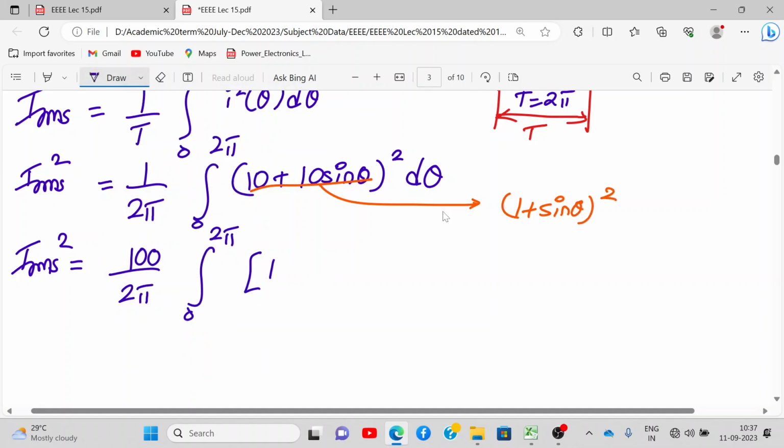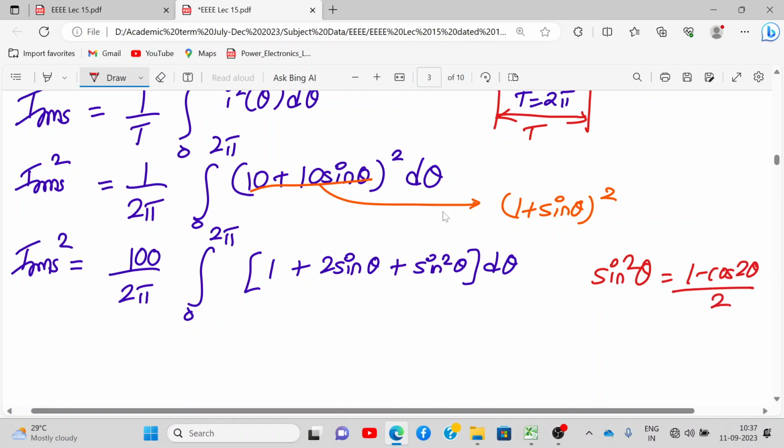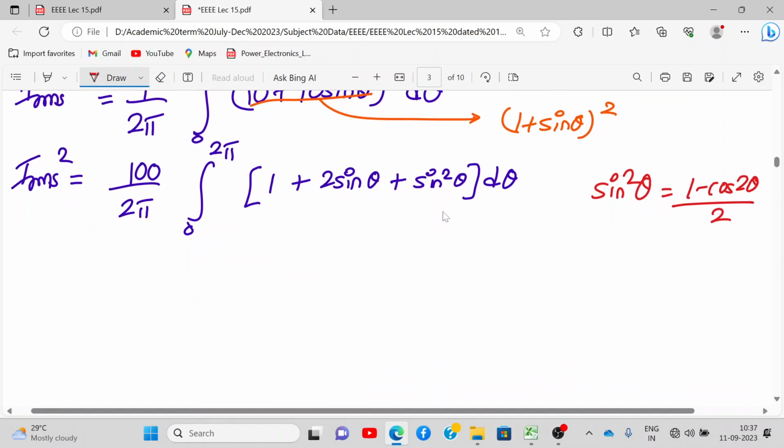What is the value? 1 plus 2 sine theta plus sine square theta d theta. Does anyone know what sine square theta is? Sine square theta is (1 minus cos 2 theta) by 2. So please substitute it over here.